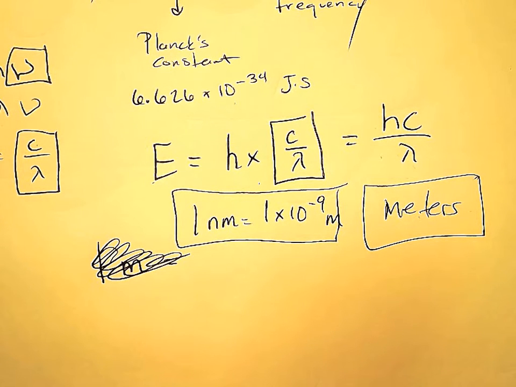That takes care of the first part. If we're talking about a photon, a photon can have other properties besides wavelength and frequency, depending on how it's moving.